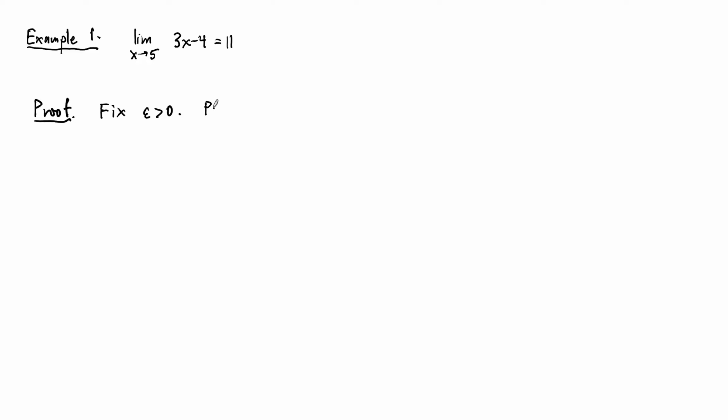So at this point, we put delta equal to blank. We don't know what delta is going to be yet, right? Determining what delta should be is part of the proof. And this statement then needs to be filled in, right? But we're always going to write set delta equal to blank, and we're going to have to fill this in.